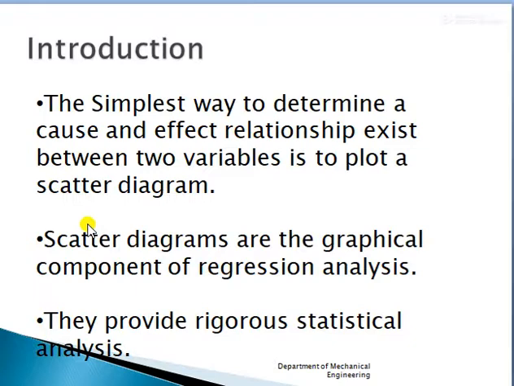The scatter diagram is the simplest way to determine whether a cause and effect relationship exists between two variables: plot a scatter diagram. Scatter diagrams are the graphical component of regression analysis and they provide rigorous statistical analysis.